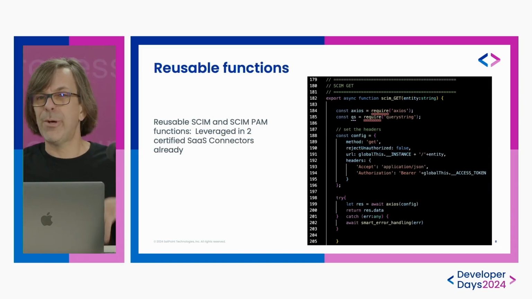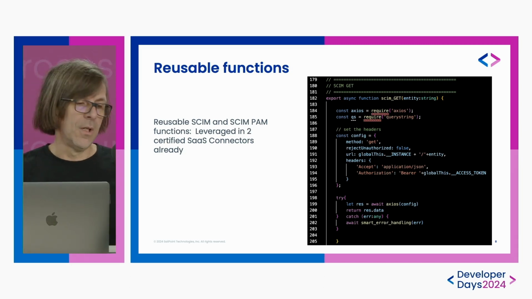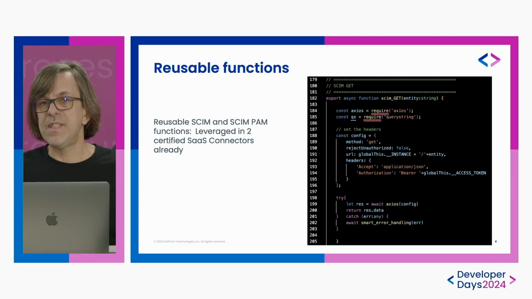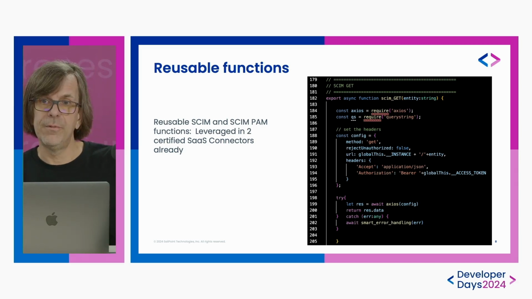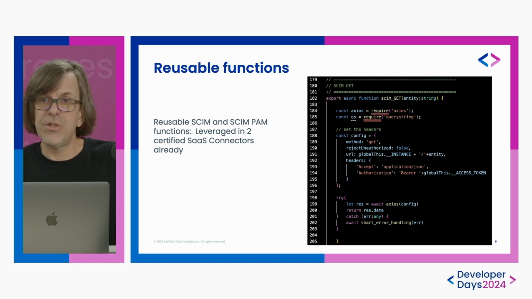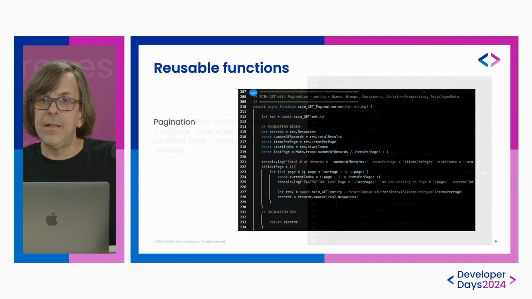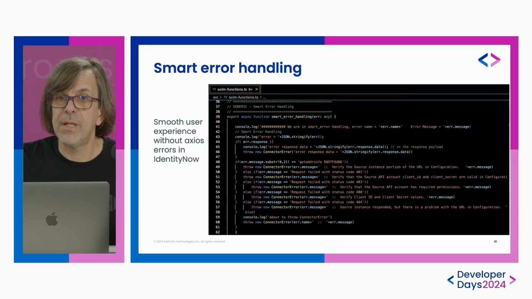So I separated them in a separate file that I call SKIM function. But you could use these examples for a non-SKIM source as well. You could just use them for a REST source, for example, very easily, like I did in some of the connectors I published to Colab. And we're going to also look at smart error handling, like I mentioned.